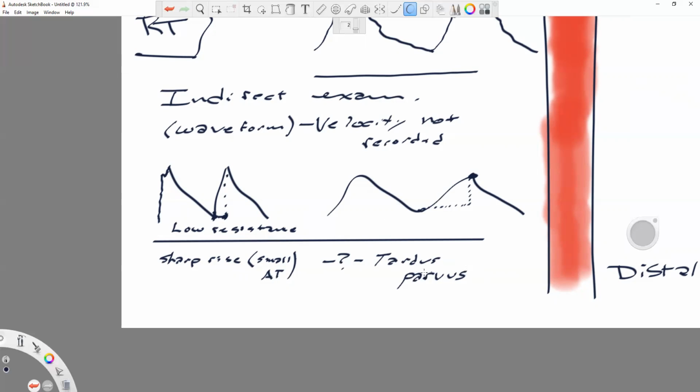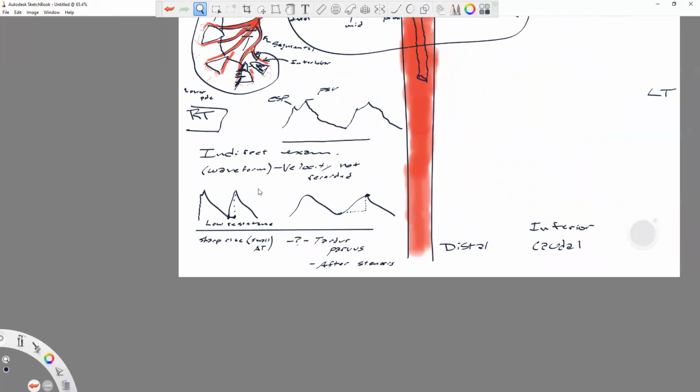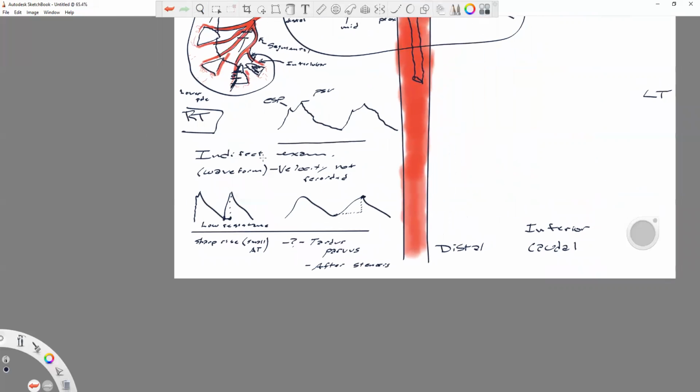Now, tardus parvus occurs when? After a stenosis. All right, so if there's a stenosis, and this is why I really prefer, if you think about it, guys, if we go straight to the indirect exam, we find waveforms all over the kidney, not just in one place, because you can have half a kidney or even a third of a kidney with tardus parvus and the rest of it's normal.